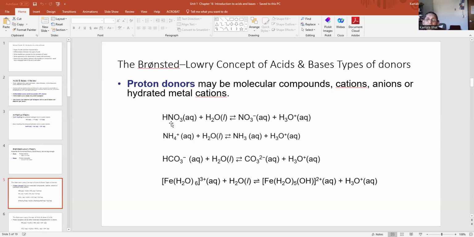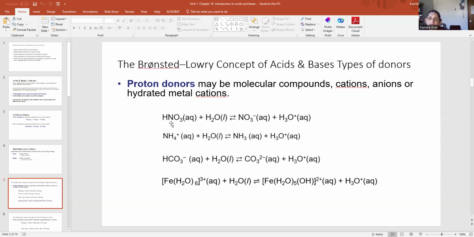So again, you have the conjugate acid-base pair NH4 plus and NH3. NH4 plus has more hydrogen atoms than NH3, and therefore it is the acid, and the base component is NH3. In the case of water, same: H3O plus has more hydrogen than H2O, so H3O plus is the acid and H2O is the base.